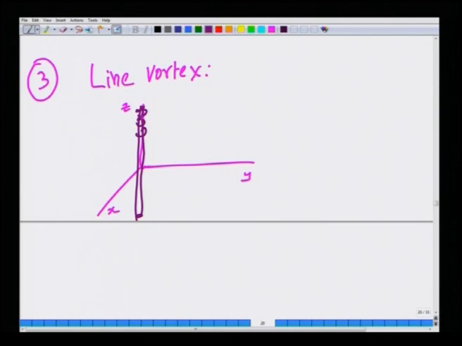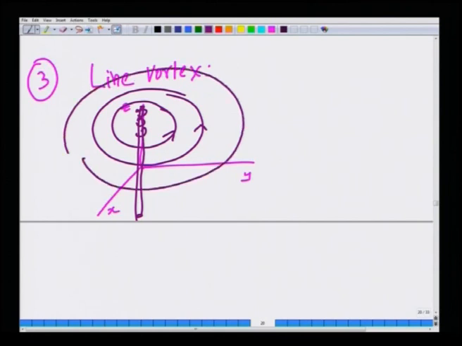There is purely circulating motion. Because of that, all the vorticity in the flow is confined only to the z axis. Because of this motion, far away there will be purely circular motion of the fluid. This is called the flow due to a line vortex. The flow is purely circulation.